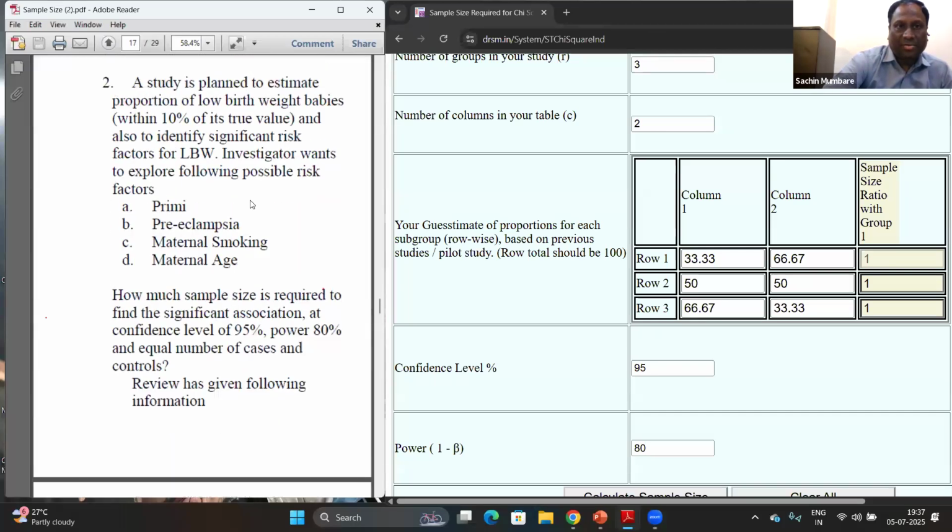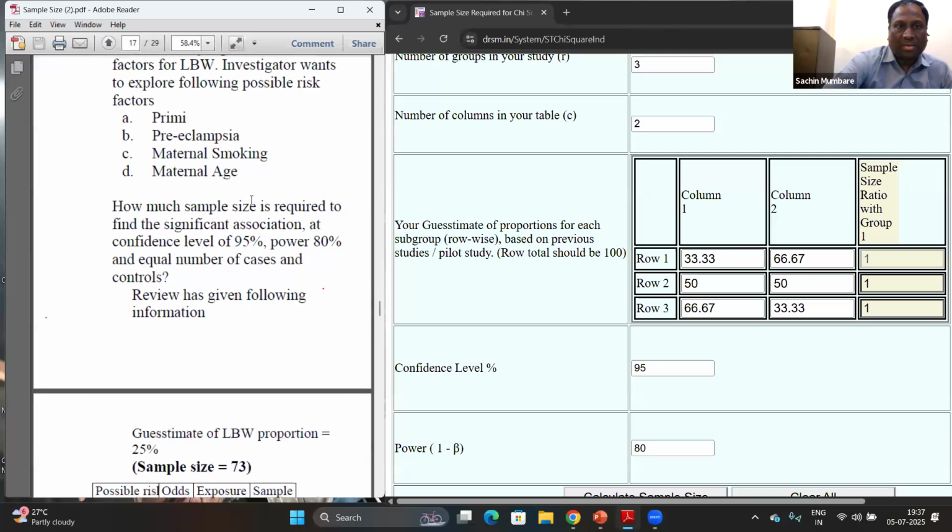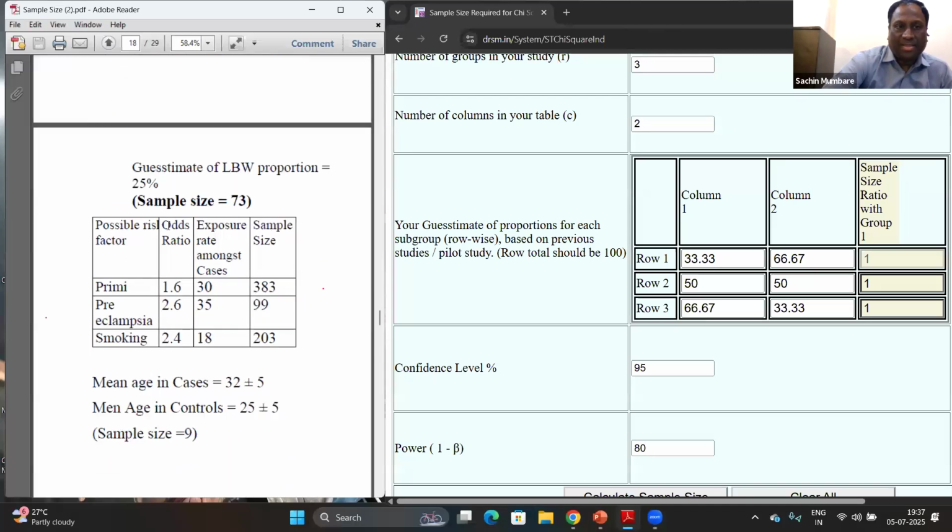For the second objective, this is a case control study, with a ratio of cases and controls of 1:1. And if the sample size is 383, that means you must have 383 in each group. Understood this? Yes, sir.